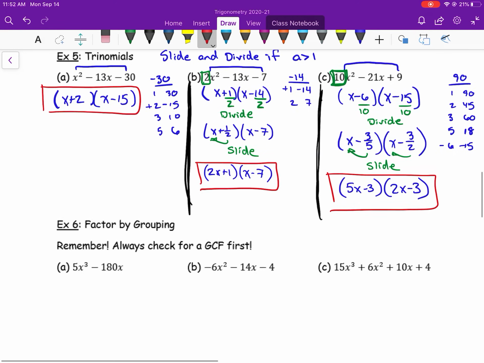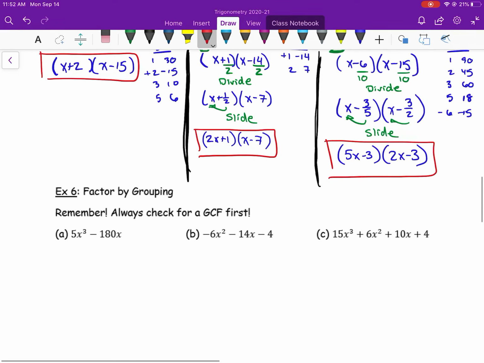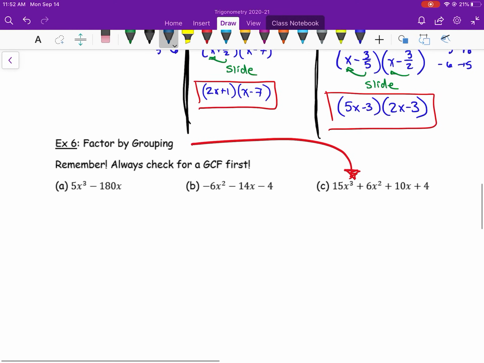All right, and then we got some other factoring, covers all areas. So this factor by grouping will be for letter C here. So I'll do this one first. So when you got 4 terms like this, you want to group the first 2 and then group the second 2. Okay, and then you're going to look for GCF.